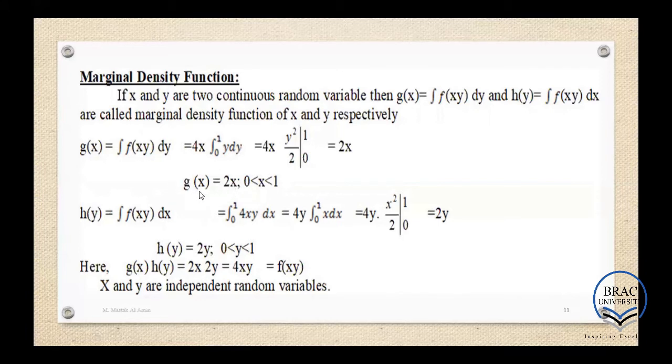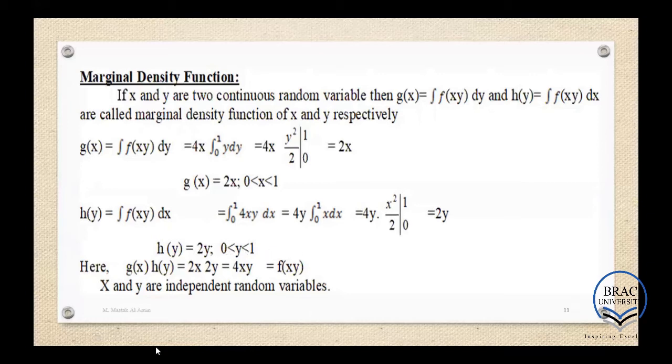That's why this is called the marginal density function. So finally we can write g of x equals 2x, where x lies between 0 to 1. Exactly in the same way we can get the marginal probability density function h of y, which is 2y, where y also lies between 0 to 1.